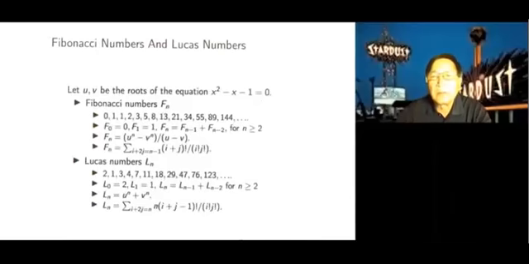In other words, they satisfy the recurrence relation A of n equals A of n minus 1 plus A of n minus 2 for n greater than or equal to 2.